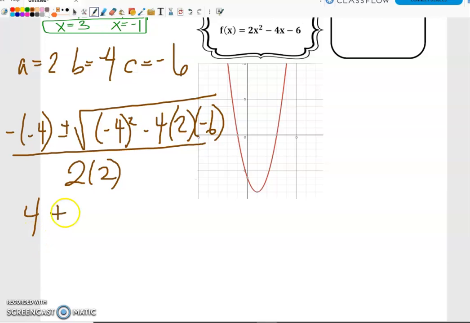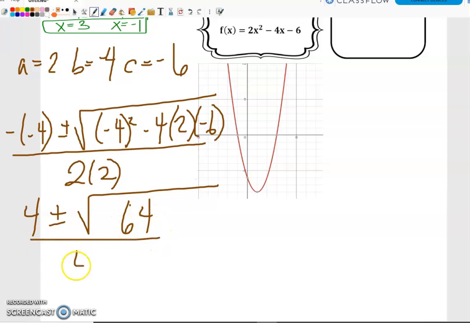So it's going to be 4 plus or minus square root of negative 4 squared minus 4 times 2 times negative 6, which gives me a 64, over 4.